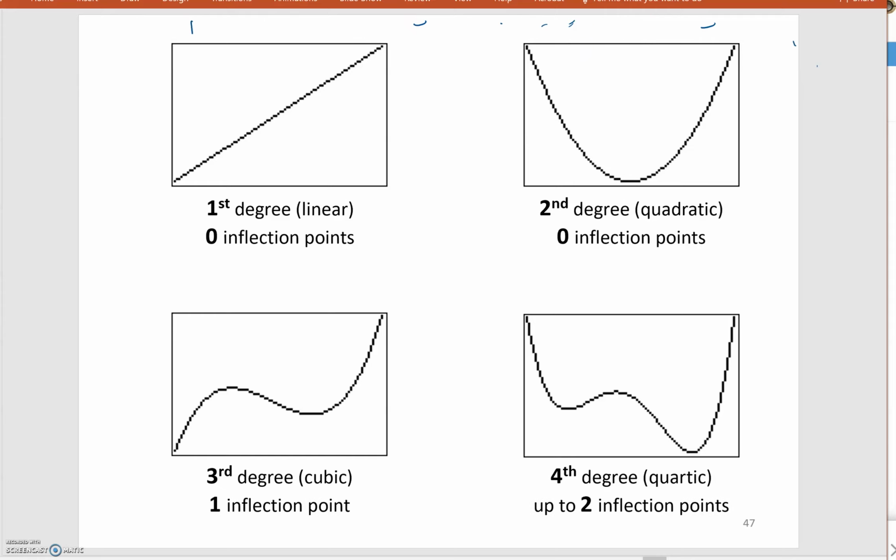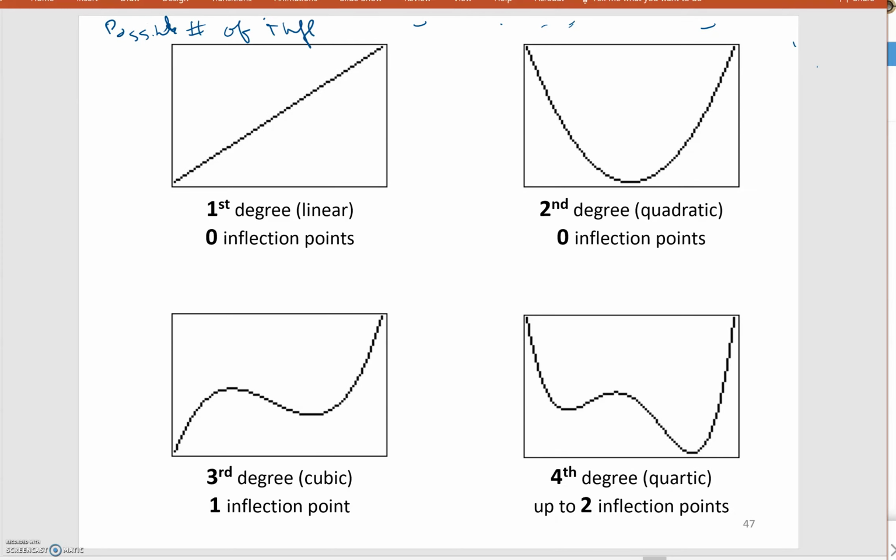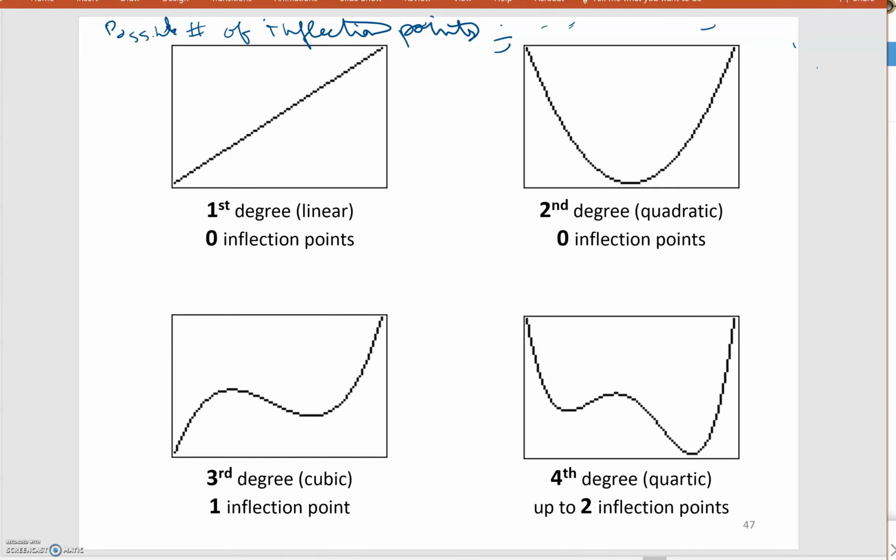For inflection points, and again, I should say possible number of inflection points. And remember, inflection points are changes in concavity. So the possible number of inflection points is going to be equal to the degree minus 2.